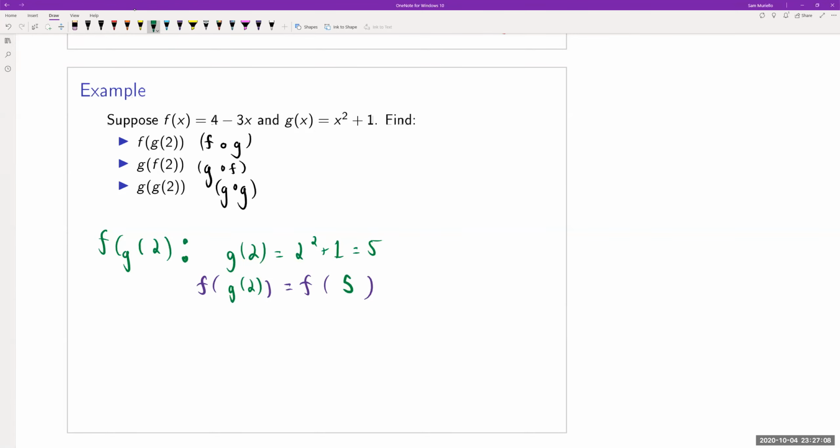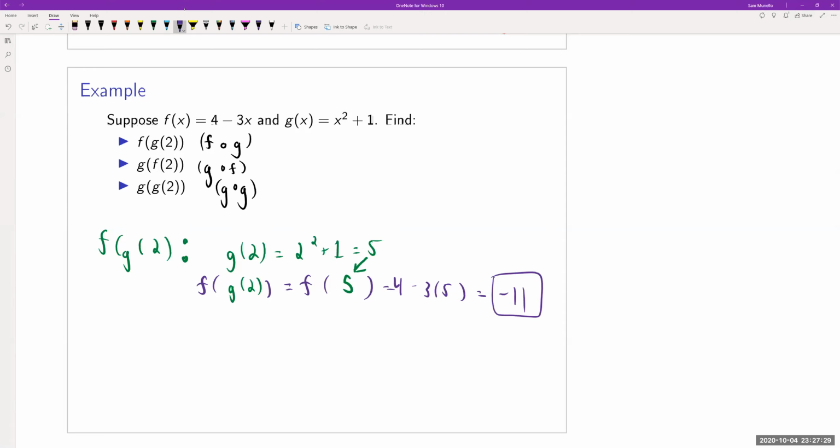I took the output of the original function and made it a new input. So f of 5 becomes 4 minus 3 times 5, 4 minus 15, negative 11.